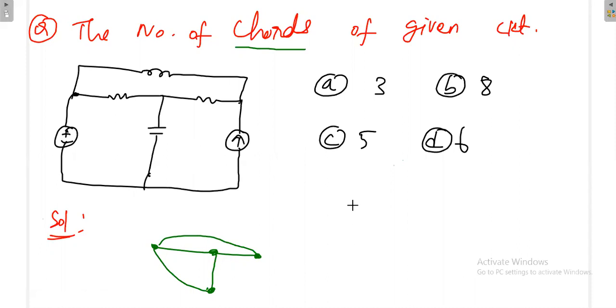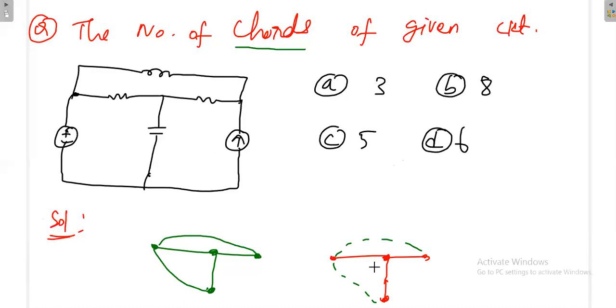Then you are telling the chords are the co-tree branches. If you form a tree from this, the tree must consist of all the nodes, so the tree will come like this. Then the co-tree branches are only 2, but that is not given here. That means they are considering this also.